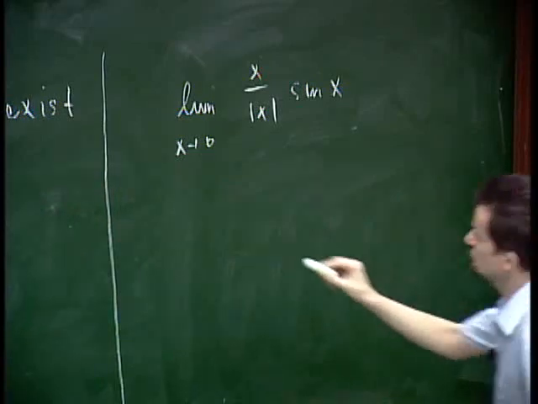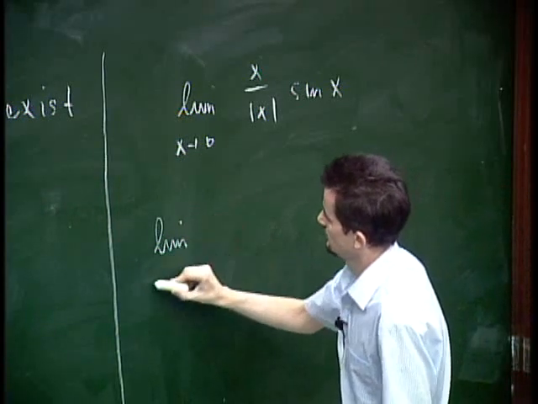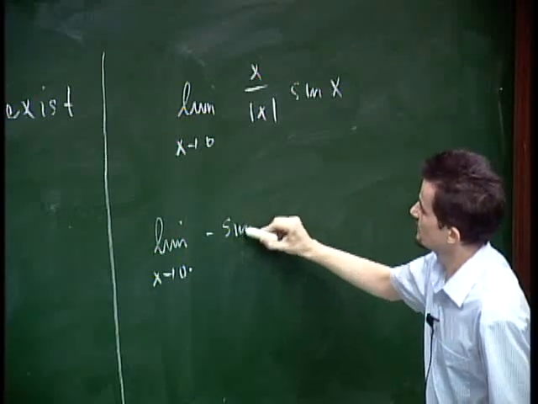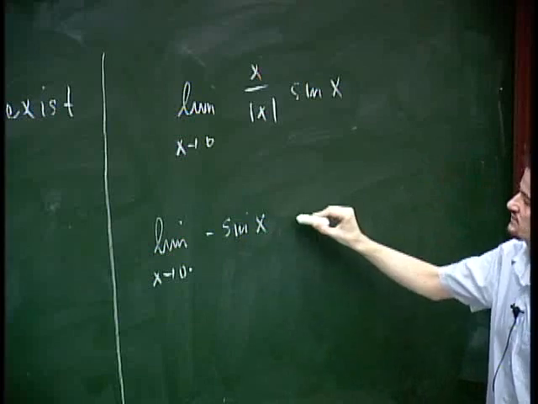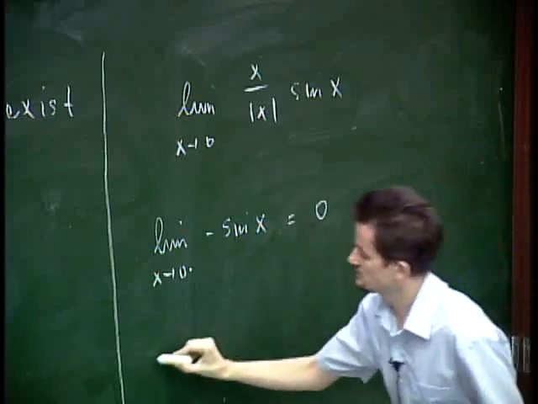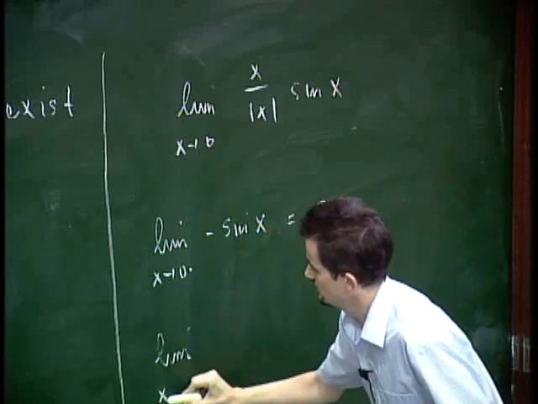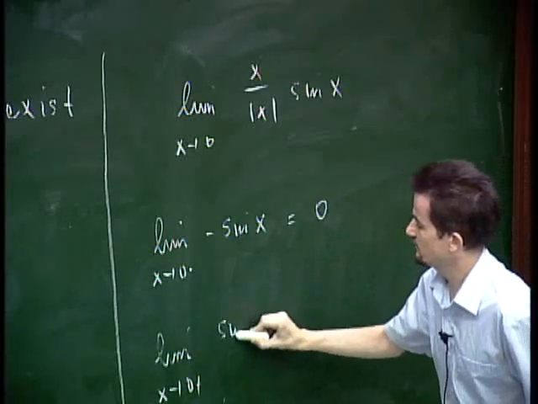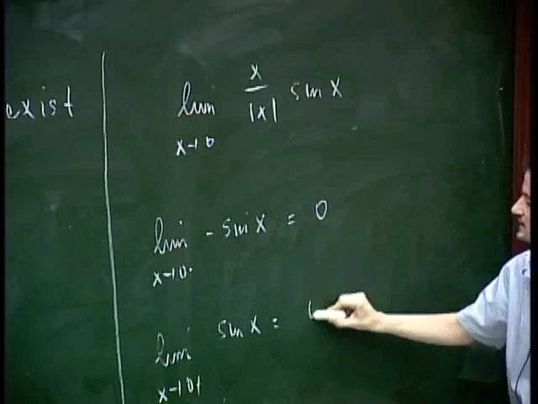Now, again, you have to look at the left-hand limit. So here you get minus sine of x, and you can just plug in, so you get 0. And for x tends to 0 from the right, you get sine of x, and you just plug in and you get 0.